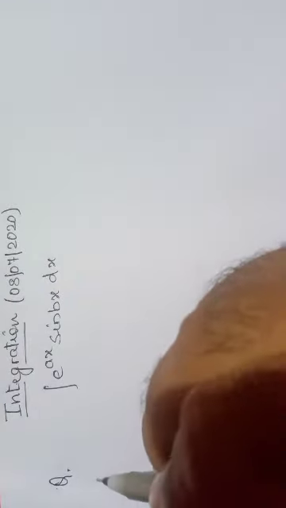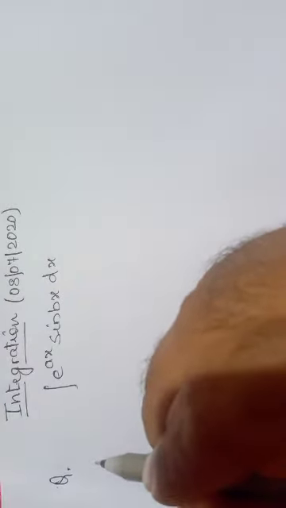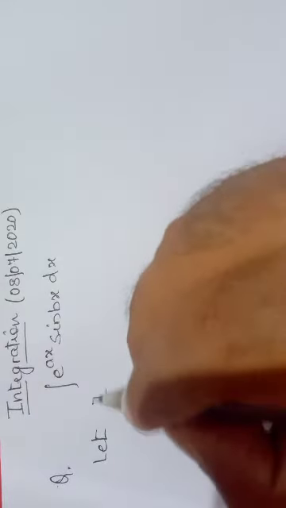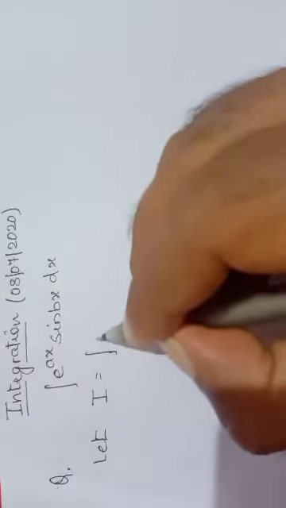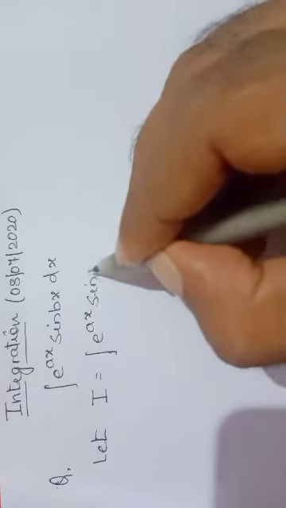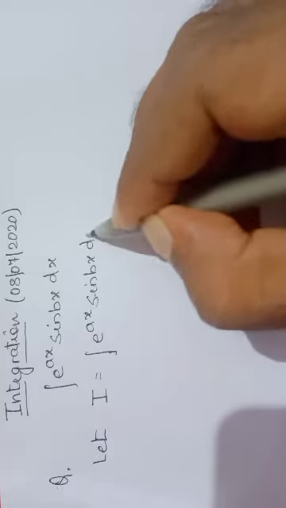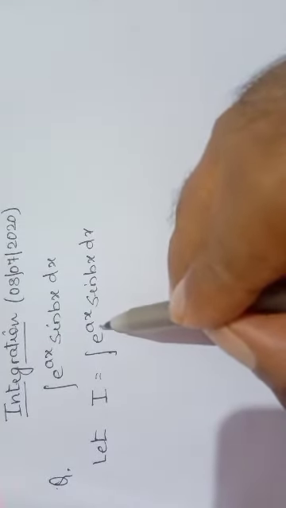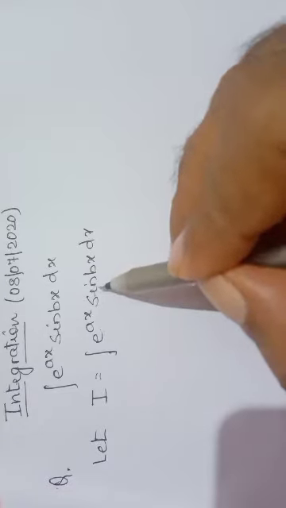First of all, consider or let I is equal to integration of e to the power ax sine bx dx. Apply integration by parts, that means u into v.